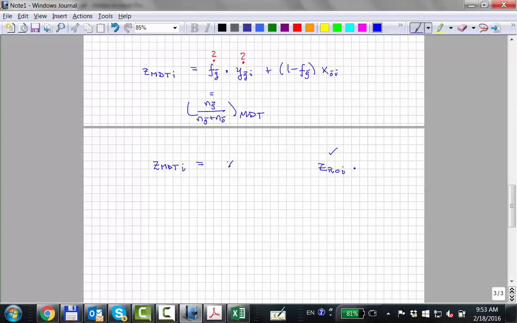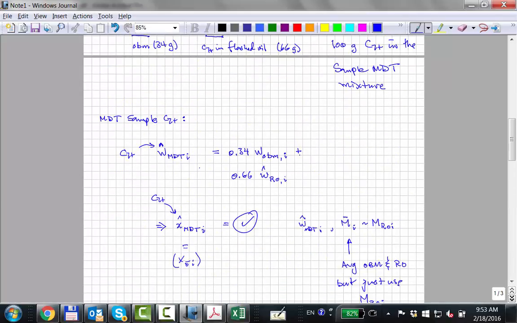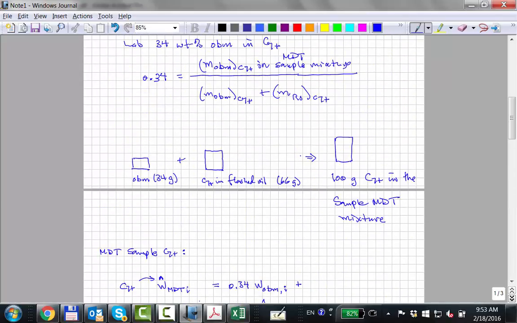We could take the oil-based mud composition here, which we're given, times what I'm going to call FOBM. The 0.34 number.